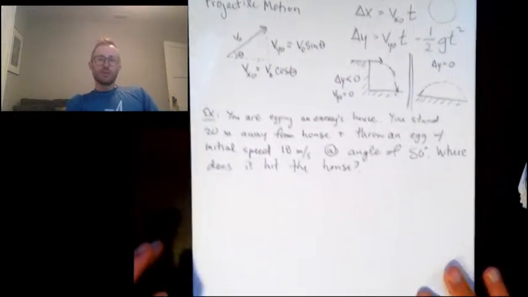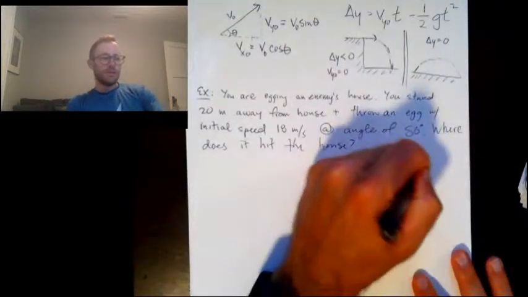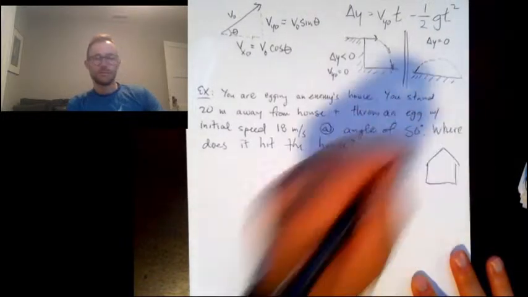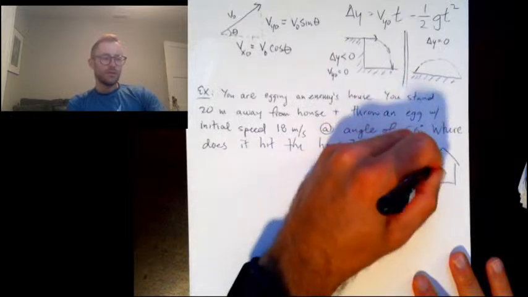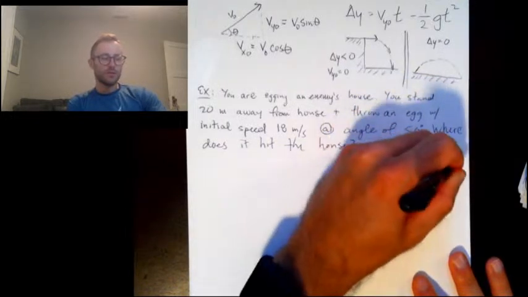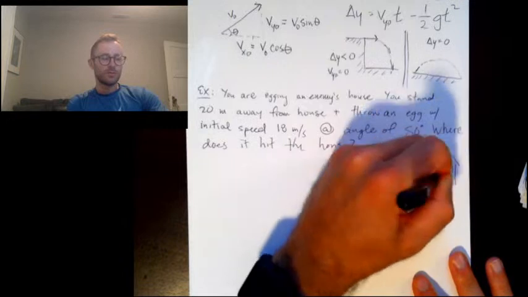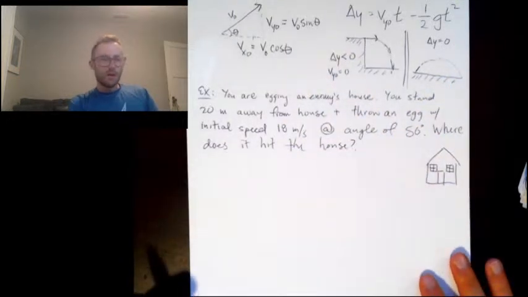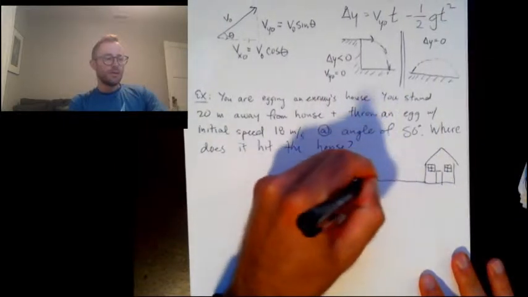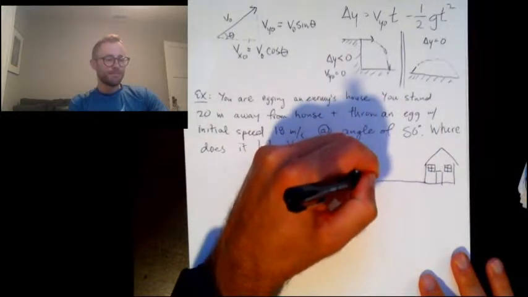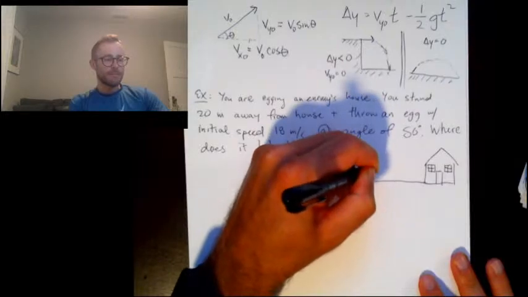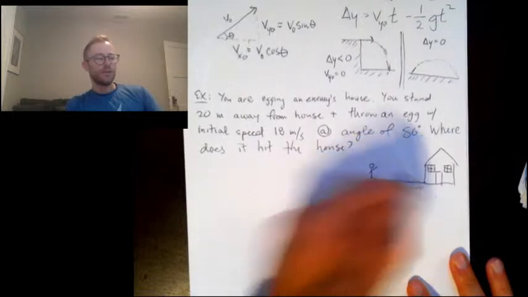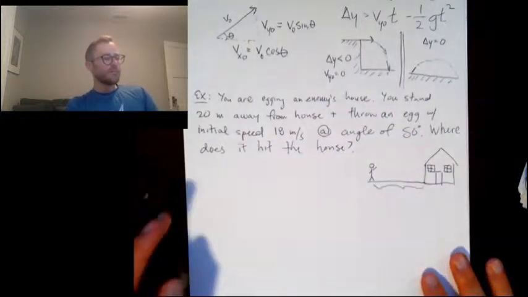So this is the picture that you should have in your head. Here's the house. I'll draw a house like a kindergartner would. So the windows and the doors. Here you are, and this distance right here is 20 meters.